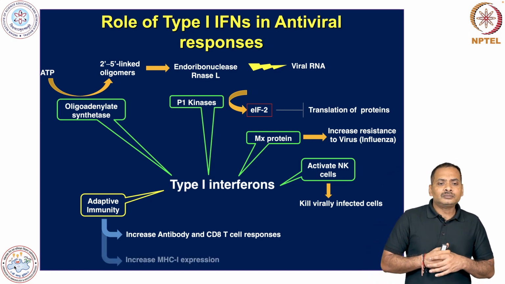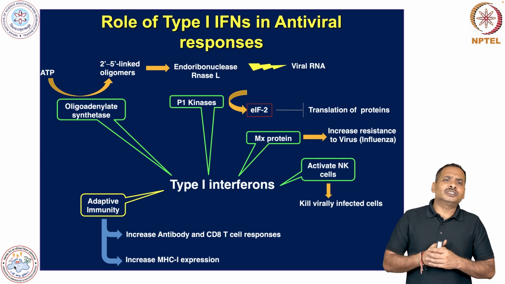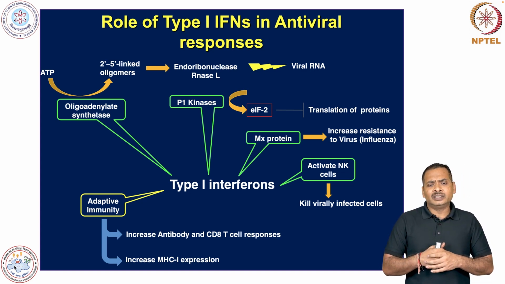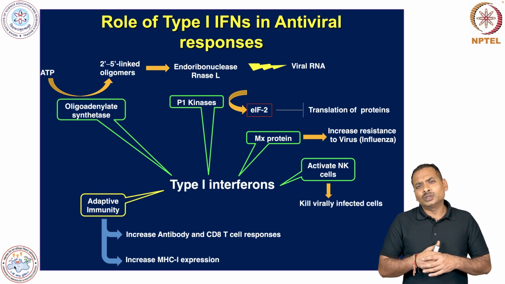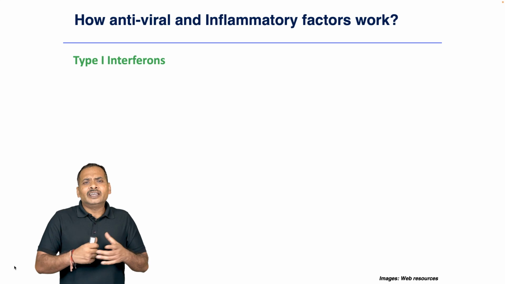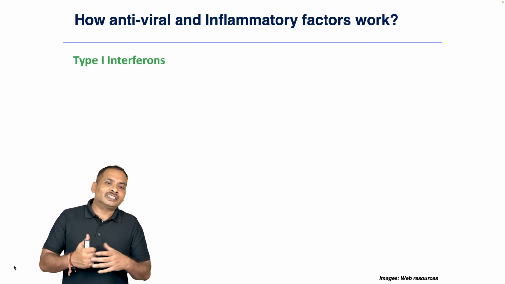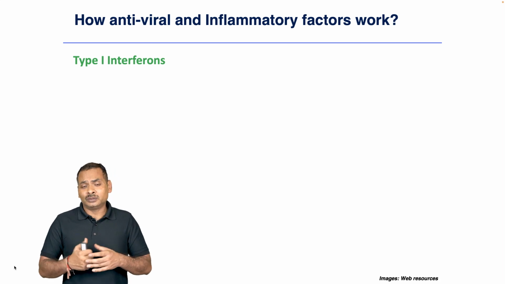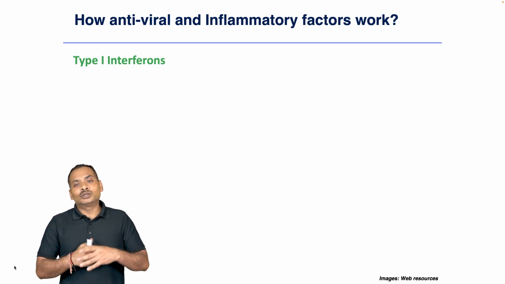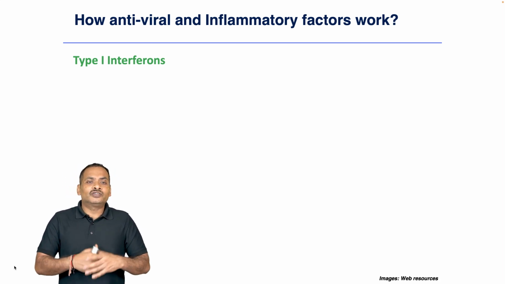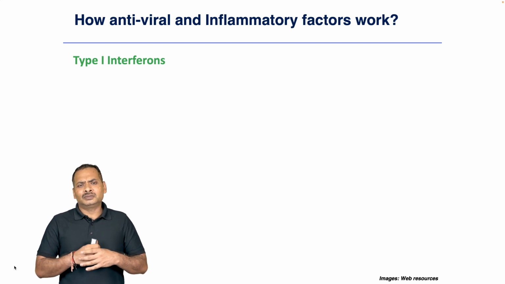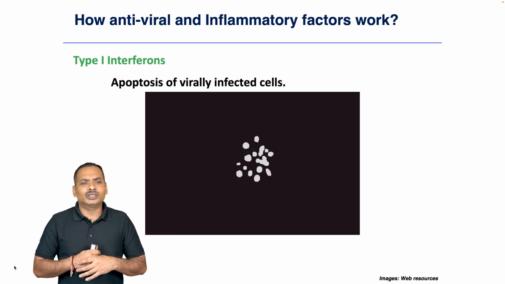It induces the expression of MHC class 1 molecules, and it also plays an important role in the expression of MHC class 2 molecules. Here I am just trying to give you a more interactive presentation about how type 1 interferon and inflammatory cytokines work.